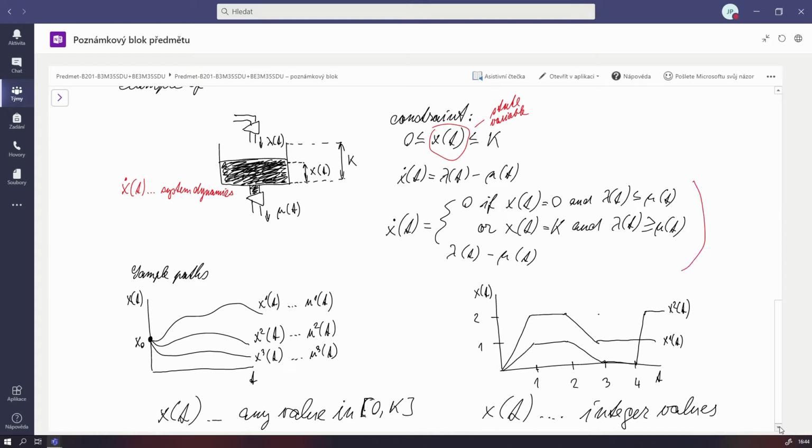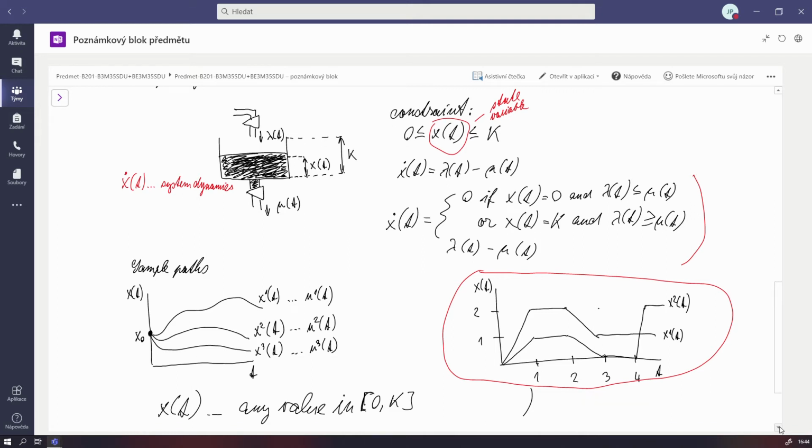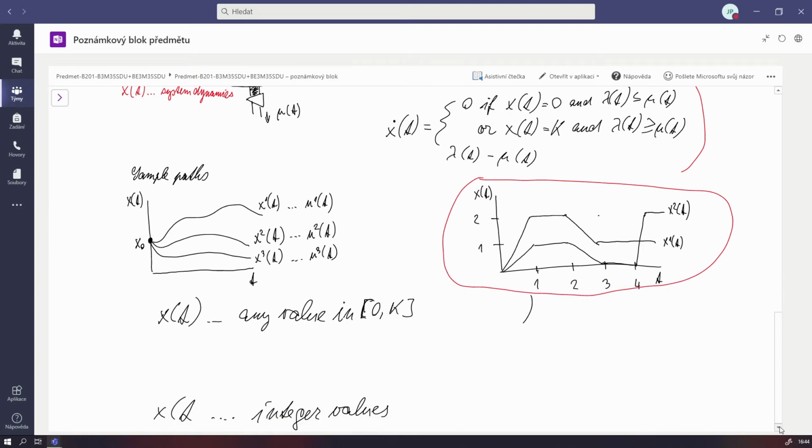So this definition is represented by this figure, and this remark about the integer values relates to the discrete model, a discrete situation, which will be talked about later.